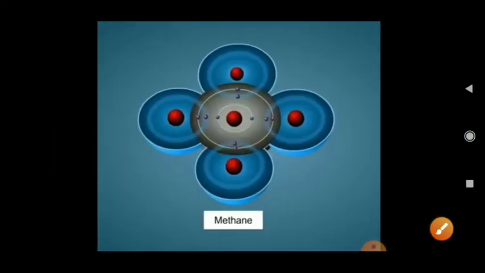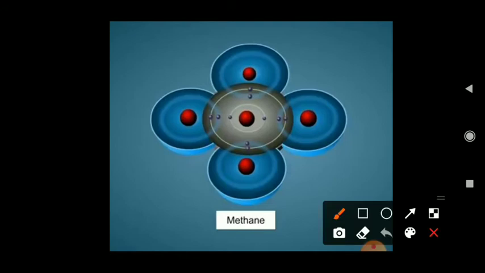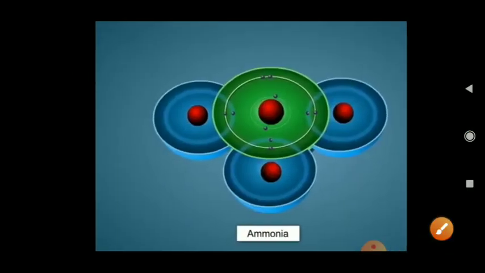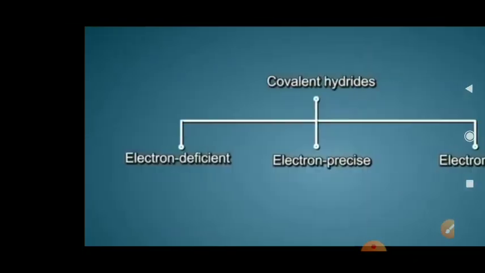But in electron precise hydrides, all atoms are stable. For example, when carbon reacts with 4 hydrogens, it becomes stable. This is an example of electron precise, methane.